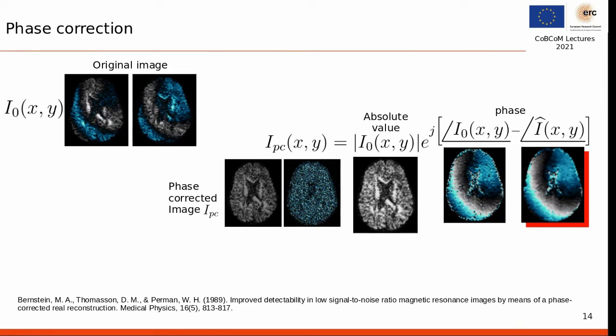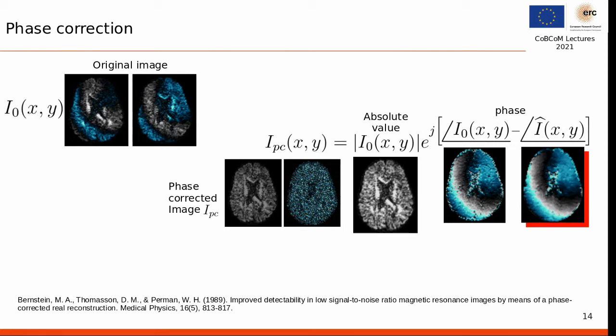On the left we see the original complex valued image I0, and on the right we see the phase correction procedure, where we notice that the phase corrected image IPC is obtained through complex rotation, where we recognize the absolute value of the original image, and in the argument the difference between the original phase and an estimation of the phase.